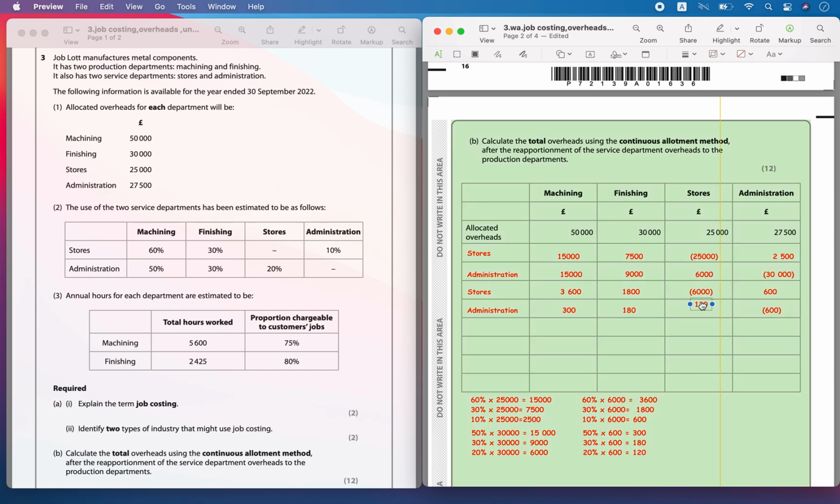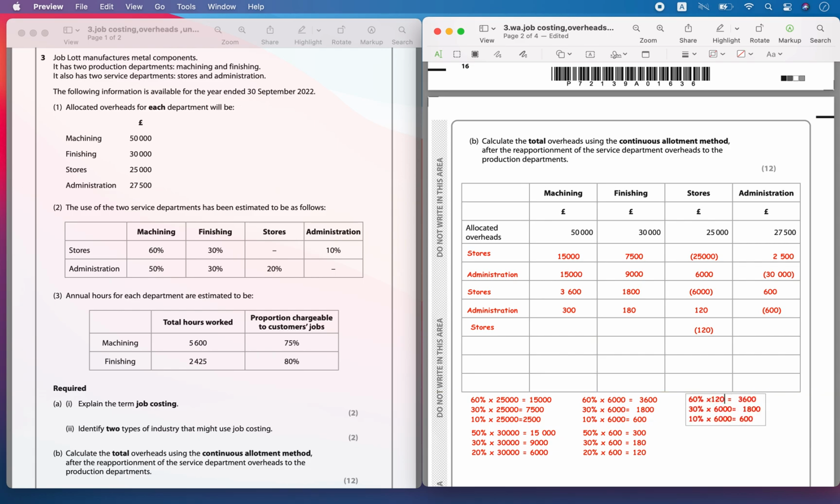Now I still have to remove this 120 from the stores again. So I will use the stores, and I'll have to distribute among machining and finishing department. So 120 I will distribute in the ratio of 60, 30 and 10.